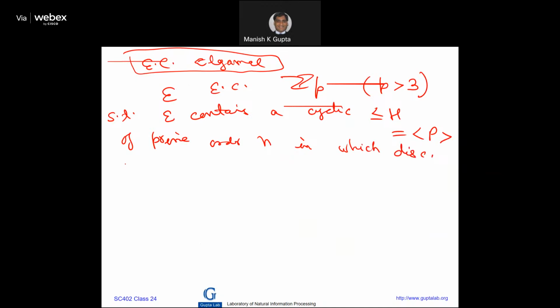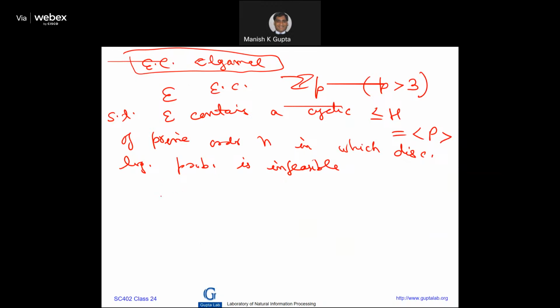in which the discrete log problem is infeasible. You will see later on, by choosing different values of p, certain algorithms like index calculus and so on are difficult to apply, I mean, to do anything for us.